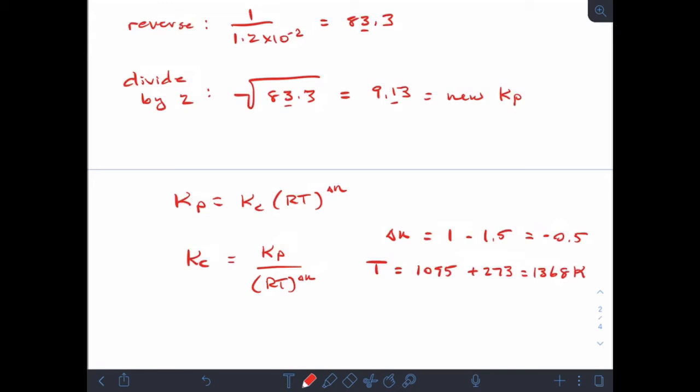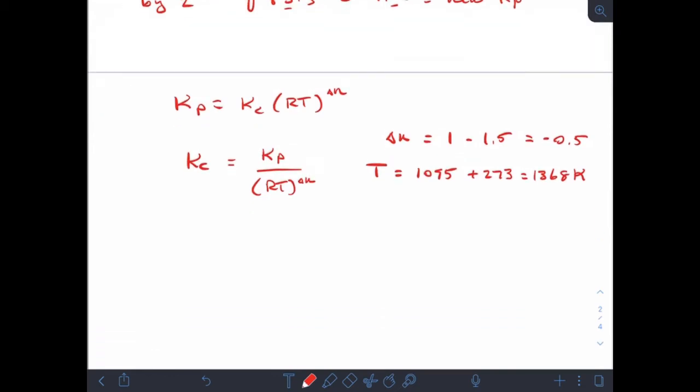Okay, and so now that I have all of the pieces, I've got Kp, I've got R, I've got T, and I've got delta N, I can plug those in and solve for the value of Kc at the new temperature for the new equation.